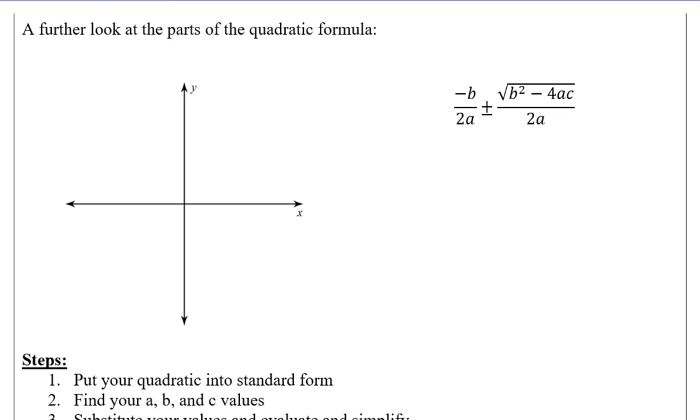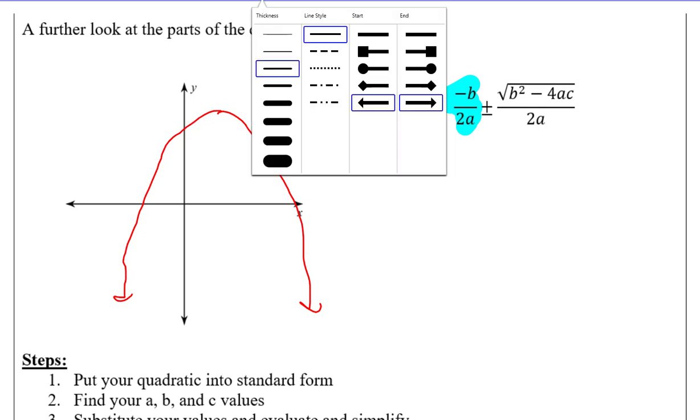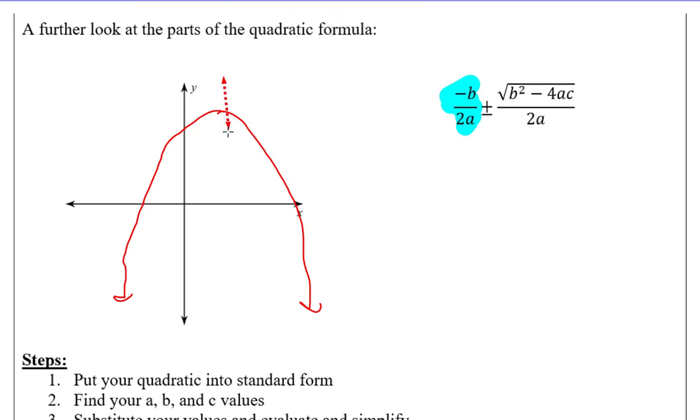The reason we did this, you guys recognize this piece. This is what helps us find the x value of our vertex. So let's say I have a graph like this. I got my nice beautiful looking quadratic right here, and then I have my axis of symmetry. Let me draw a nice little line right here. That's not what I'm looking for. Maybe something like this. So this is my axis of symmetry.